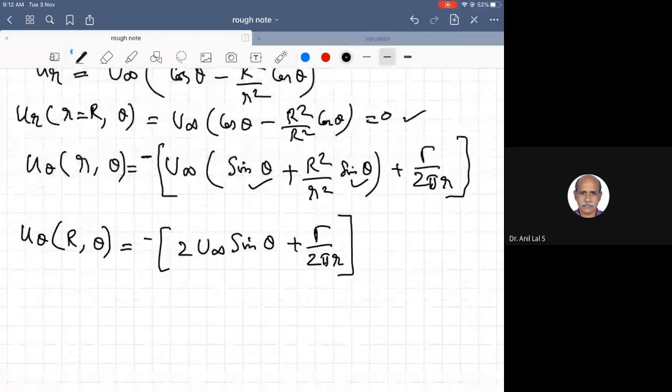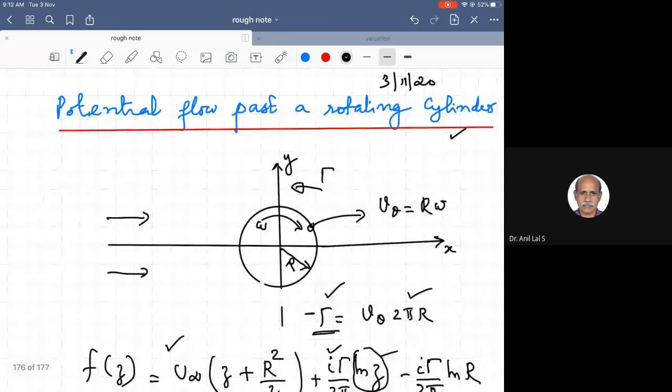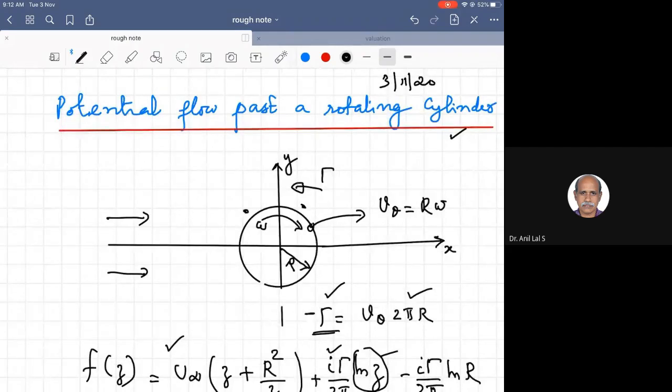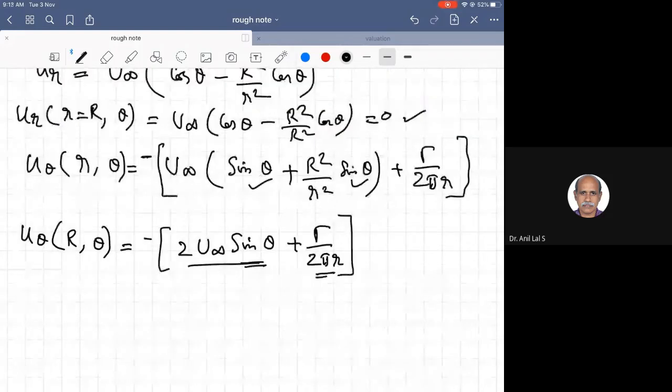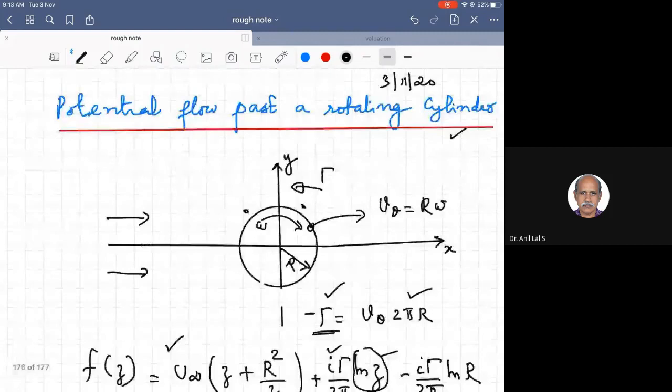We can see that sin theta has a positive value in the first quadrant and second quadrant. Any point in the first and second quadrants will have a positive sin theta. When sin theta is positive, this term is positive and will be added, so you have a higher velocity there.